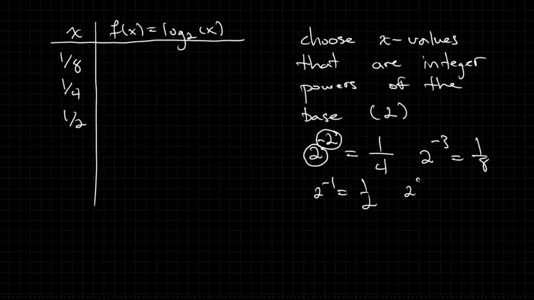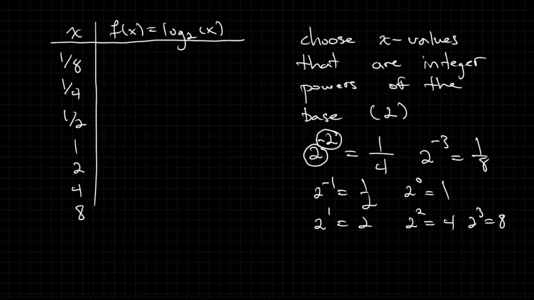Then 2 to the 0, that's going to be 1. 2 to the 1 is 2, and 2 squared is 4, and 2 cubed would be 8. So I'm going to make these my x values: 1, 2, 4, 8.